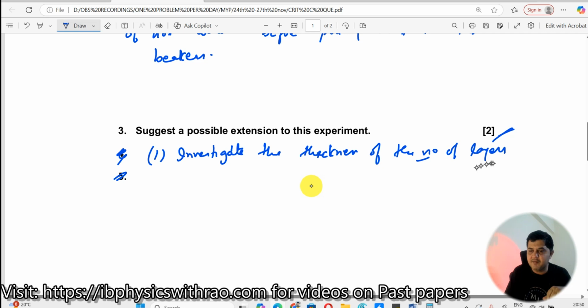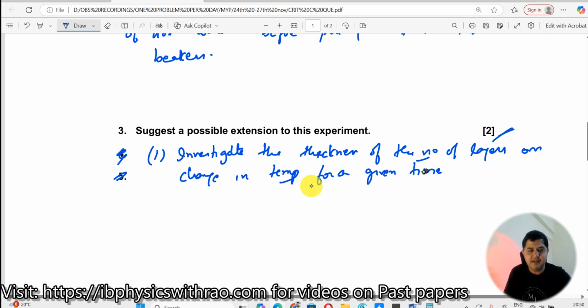Investigate the number of layers on the change in temperature for a given time. So I can find out whether the variation is observed as linear or is there a non-linear relationship. I can investigate all of it. This is only one possible extension. I think you need to write in detail only one of them.